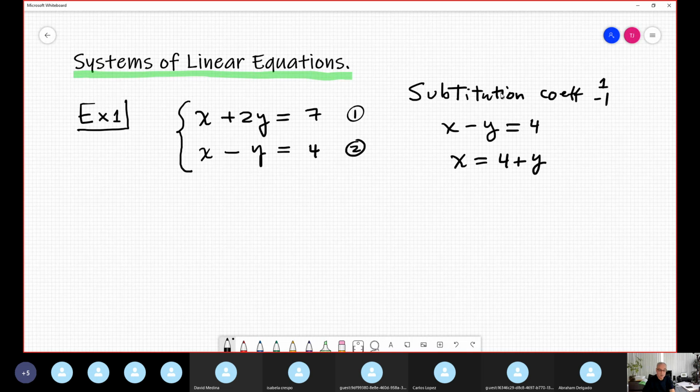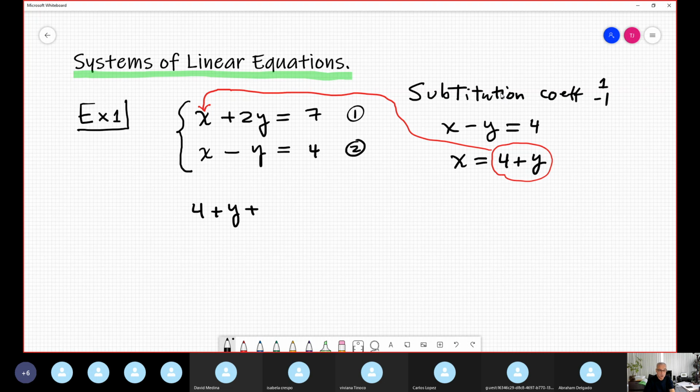Now you take this expression and substitute it in the other equation. This is an important detail. In the x place, like that. Boom. Okay, so now we have no x anymore. You have 4 plus y plus 2y equals 7.